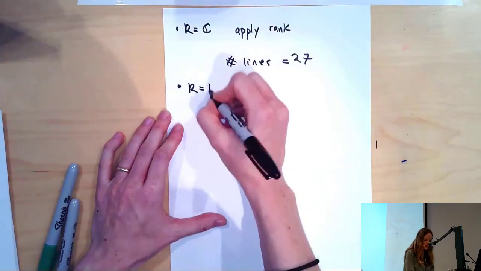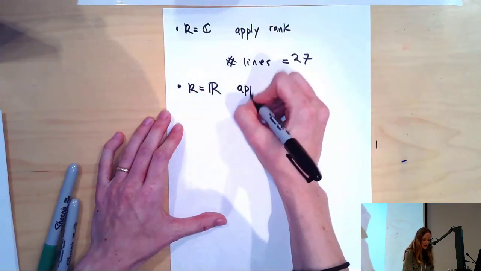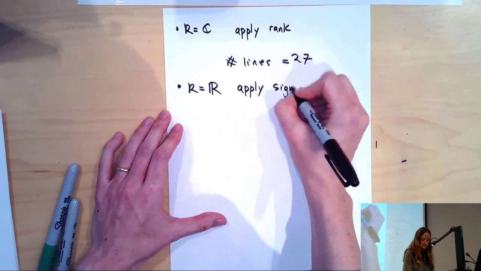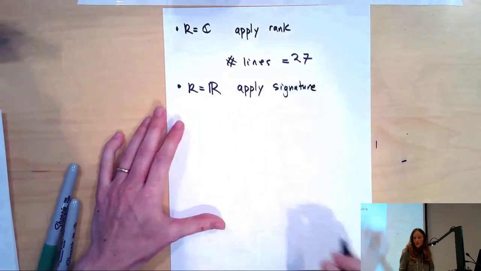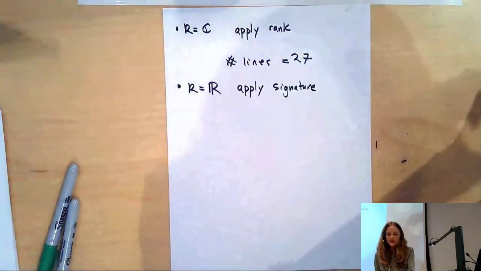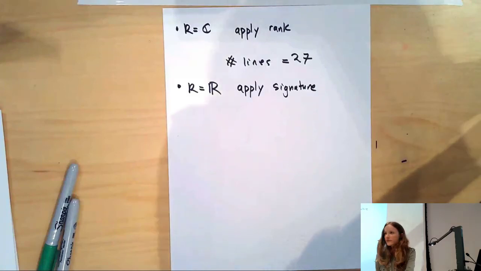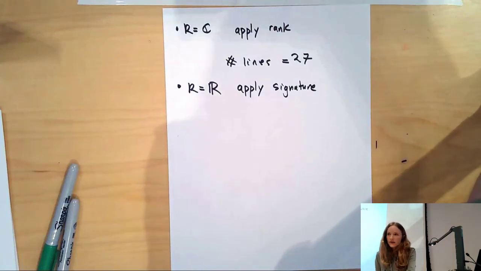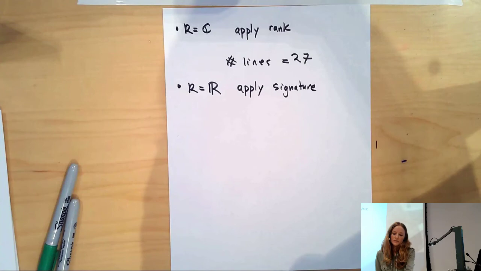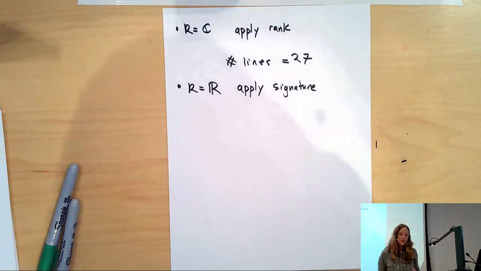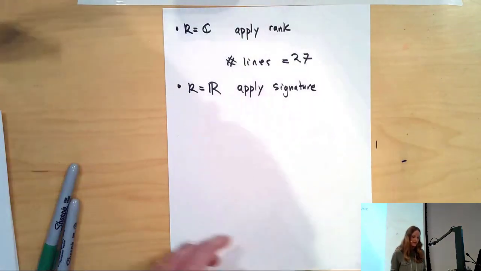And when K is equal to R, we can apply the signature. We could have a line that was defined over C, in which case the type is 1, and we get the trace form of C over R, but that is 1 plus -1, and that doesn't contribute anything.